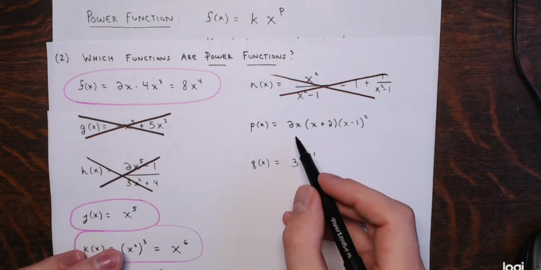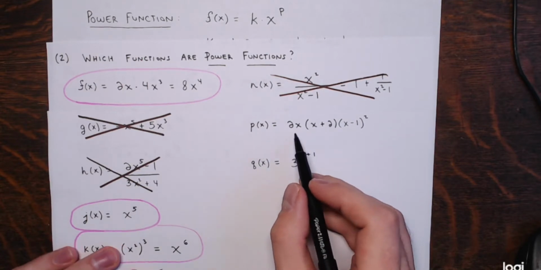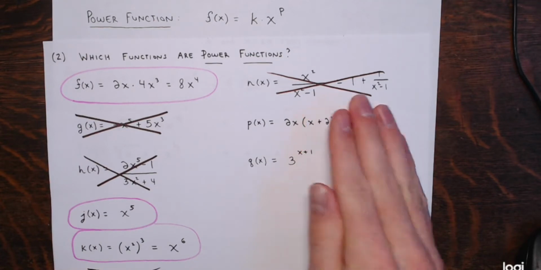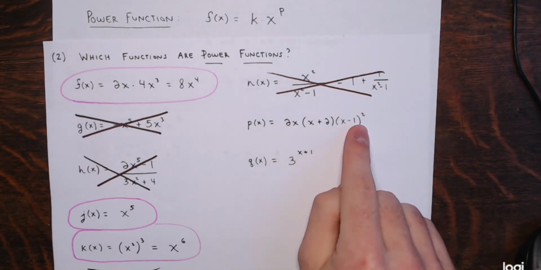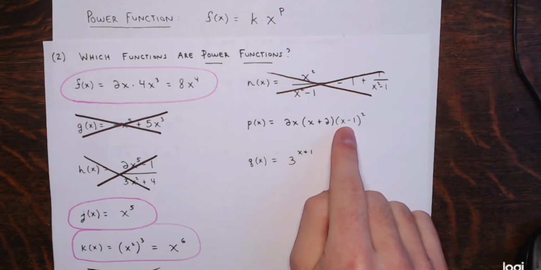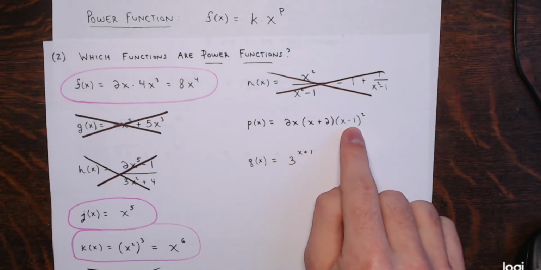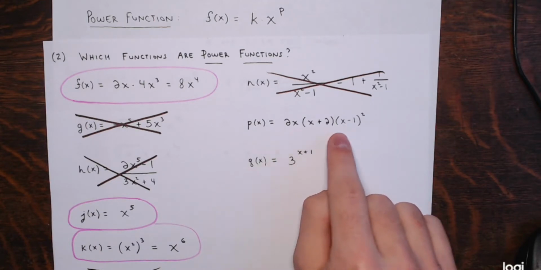Now how about this one here, p of x equals, now if it was just 2x, that would be a power function. But it's not, right? There are all these other factors, times x plus 2 times x minus 1 squared. And if you were to multiply all this out, you'd get a bunch of terms.